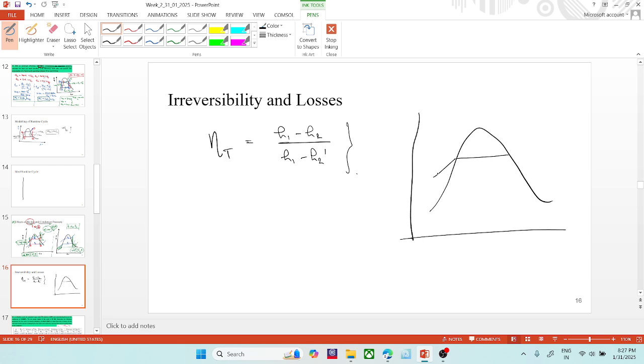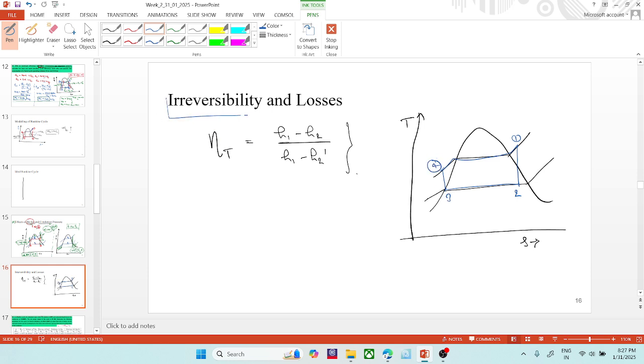So these are my two axes, P and S. Let's suppose this is the ideal cycle. This is my ideal cycle 1, 2, 3, and 4.